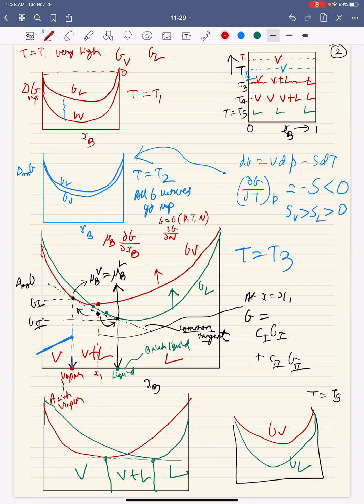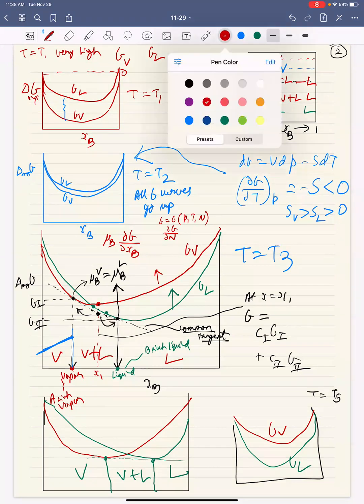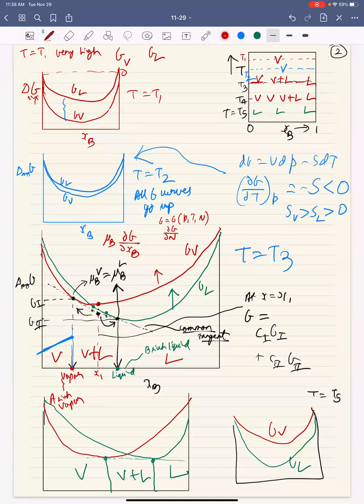So let's complete the phase diagram before we get distracted by the application question. So we have, you can join a boundary over here, and it's going to look something like this. It's like a lens. Everything above the top of this curve is vapor, everything below this curve is liquid, and everything in the middle is vapor plus liquid.